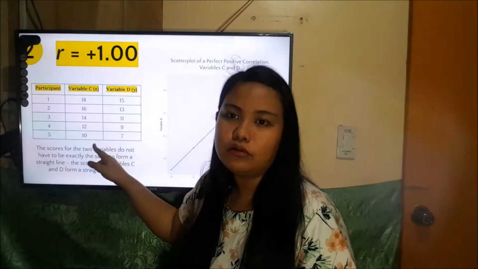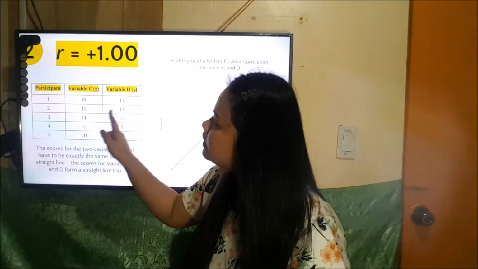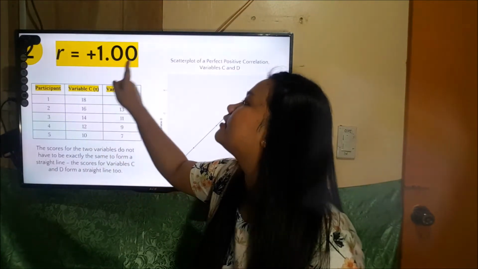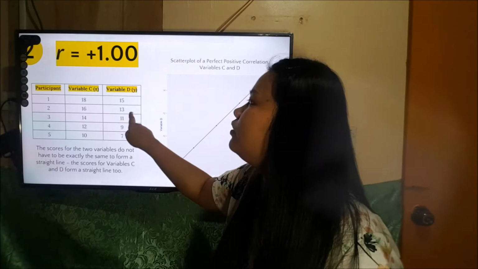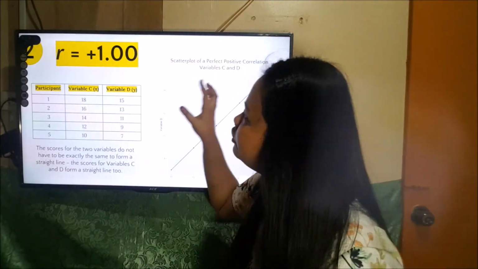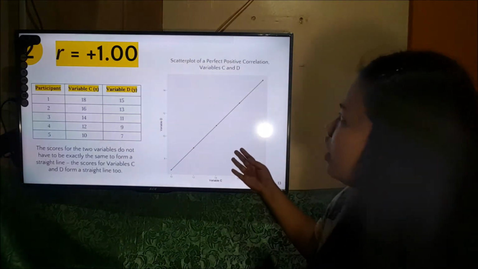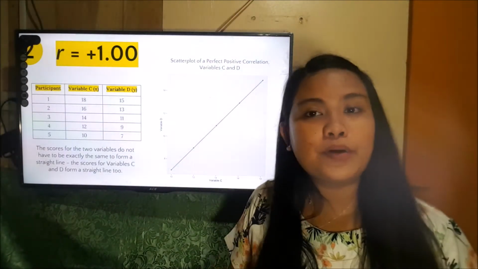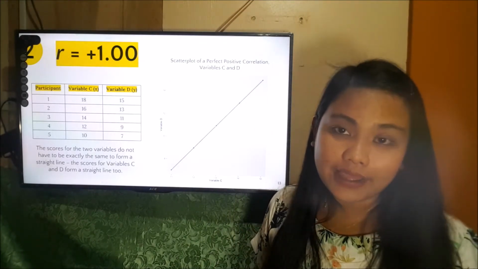But if you look at our data here, still, as the values in variable C increase, the values in variable D also increase, but the values are not the same. So this set of data here also gives us a line that climbs uphill for a perfect positive correlation. Okay?